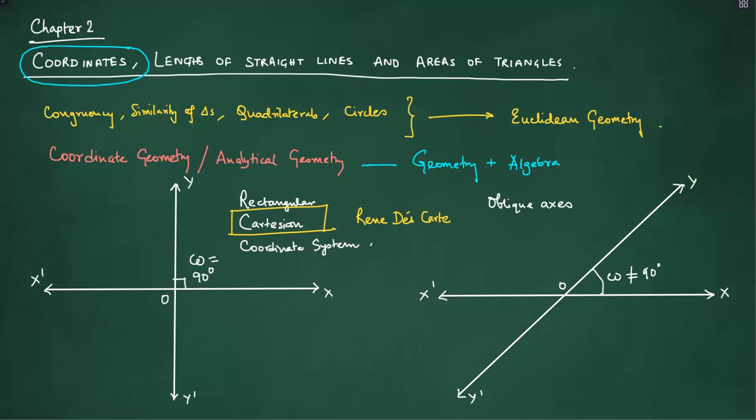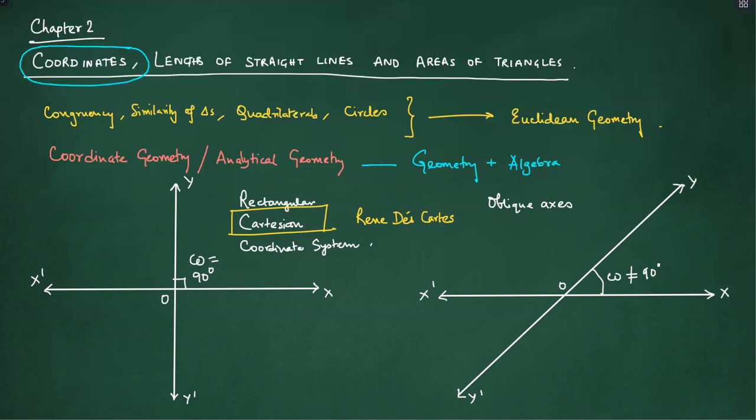Anyway, this person was the first to introduce the concept of coordinates and the Cartesian coordinate system. Hence the name Cartesian, from the philosopher's name Rene Descartes. So that's a brief introduction.